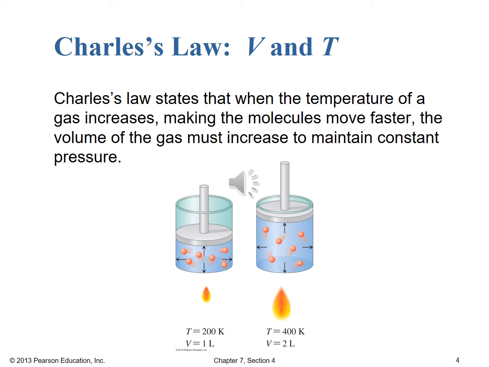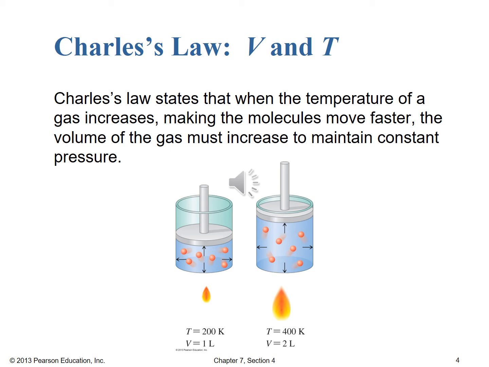So again, expanding on that theme of the temperature of the gas increasing, the molecules therefore moving faster on average, the volume must increase to maintain that constant pressure, and we see here at a lower temperature condition of 200 Kelvin, the gas would occupy a volume of 1 liter.